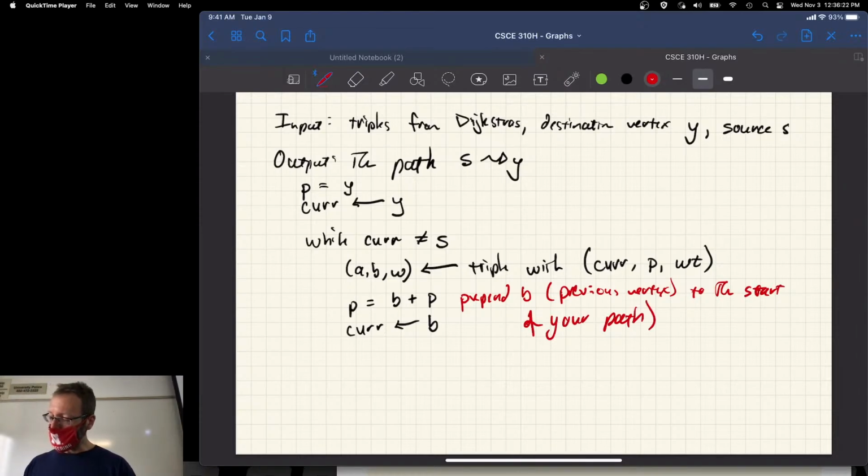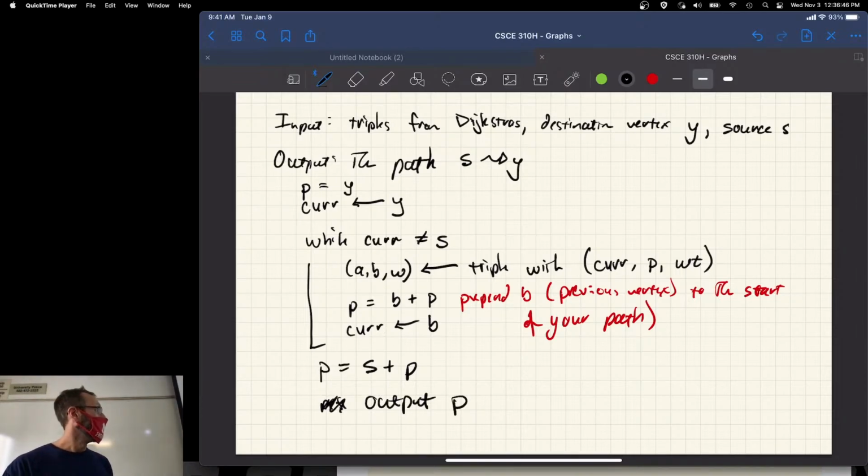And then this last one just sets you up for the next iteration of this while loop. We might need to, at the end here, return or set this up so that P is going to be equal to S plus P, and then return or output P. Right? It's just a simple while loop, and you backtrack.